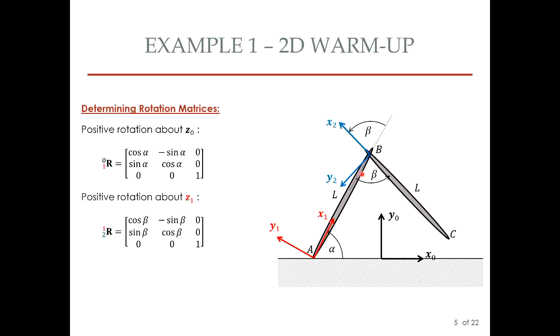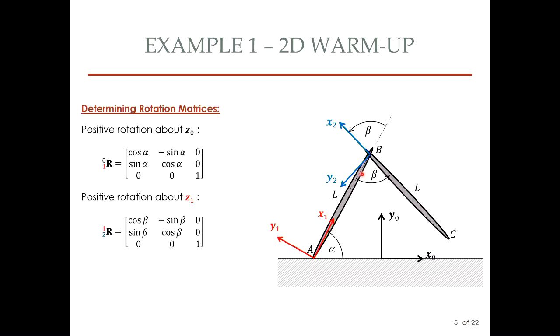And the next step is to find the rotation matrices that match my assignment of frames. All right? Now you need to be, so there is a mixture of flexibility. You could have assigned frames 1 and 2 in a different way, but I have assigned frame 0 for you.